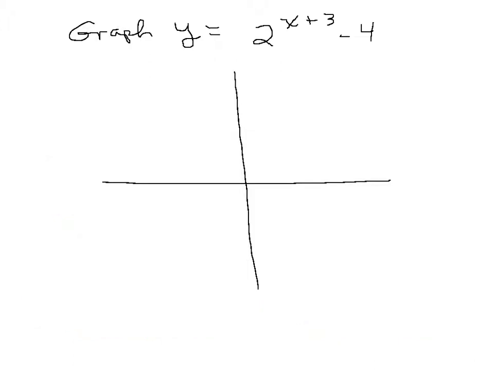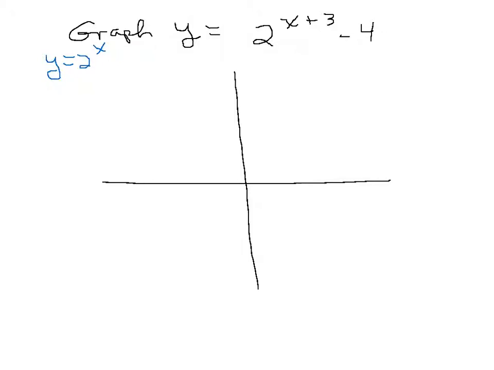So let's use this as an example to do our work with graphing transformations. The basic graph here, sometimes called the parent graph, is y is equal to 2 to the x. But it gets moved a little bit. Instead of x, we have x plus 3. You should remember that that moves the graph 3 to the left.